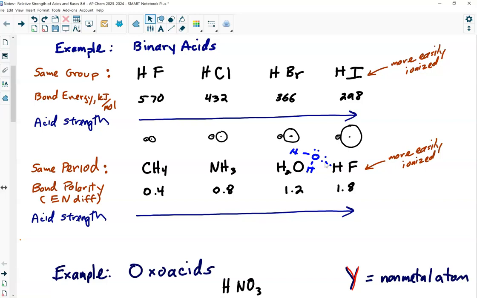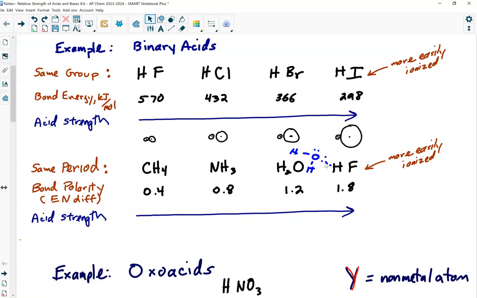Can I have some more, please? And so that makes that hydrogen more ionizable, because it's craving some electrons that fluorine has basically stolen from it, right? And so the more polar the bond, or the more electronegative the thing the hydrogen is bonded to, the stronger the weak acid will be. Okay.